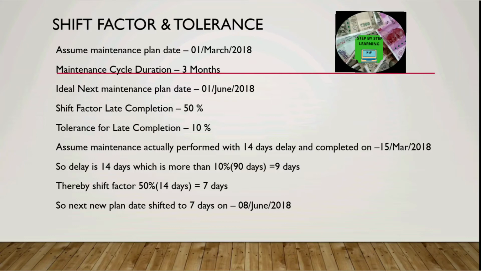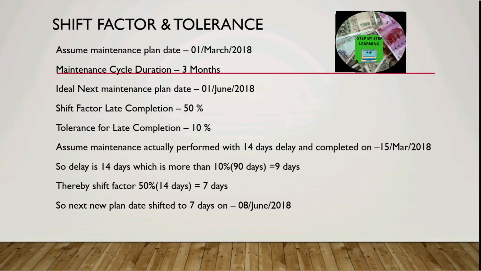So 14 days delay happened. So for the next maintenance, the ideal maintenance plan date is 1st June. Since my previous maintenance was done very late, why should I carry out the next one on the same date? I need to shift the date based upon when the previous maintenance actually happened.